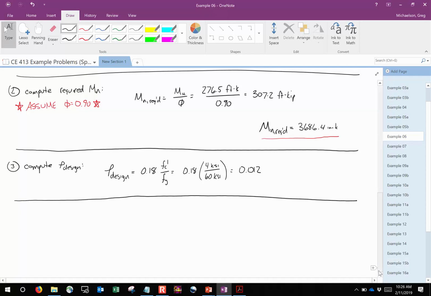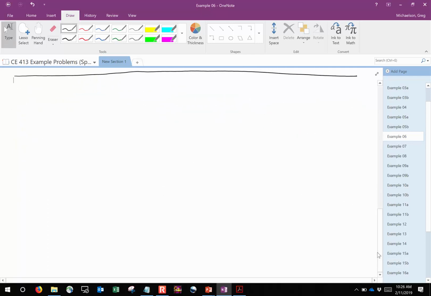All right. So now the formulas get a little bit hairier. Okay. So what's our next step? We're computing what? bd squared. All right.